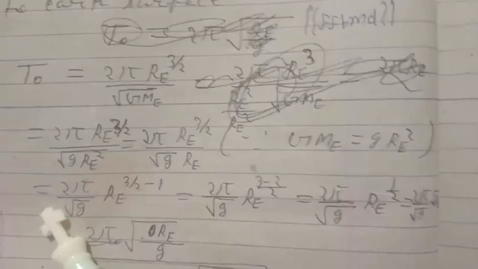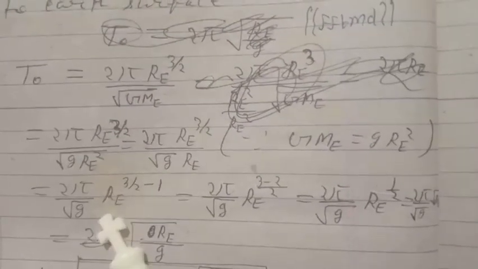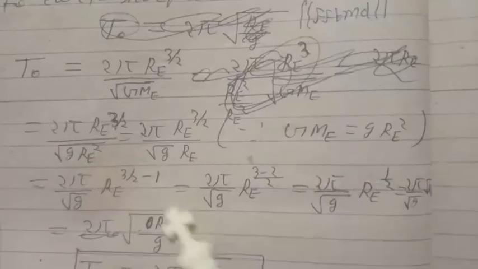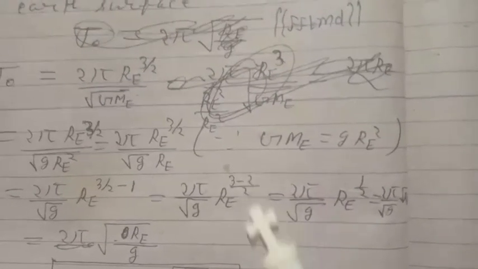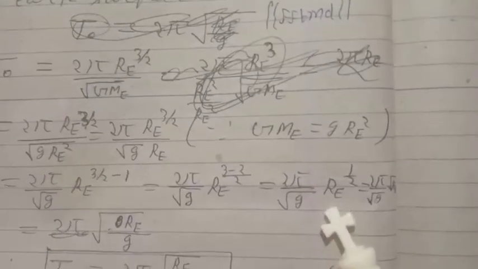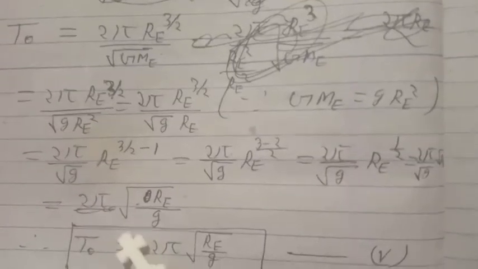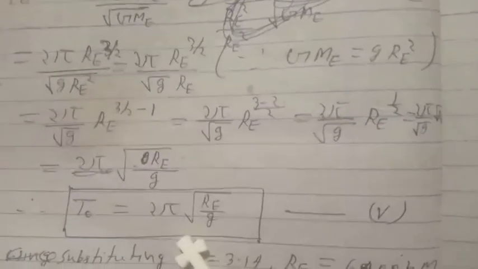So it equals 2 pi under root g RE to the power (3 by 2 minus 1), which is 2 pi under root g RE to the power 1 by 2, or equals 2 pi under root RE by g. Hence, the time period of revolution is 2 pi under root RE by g.